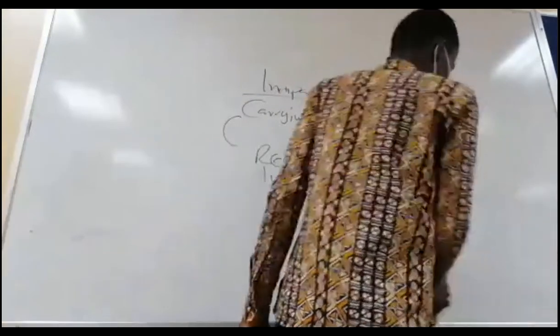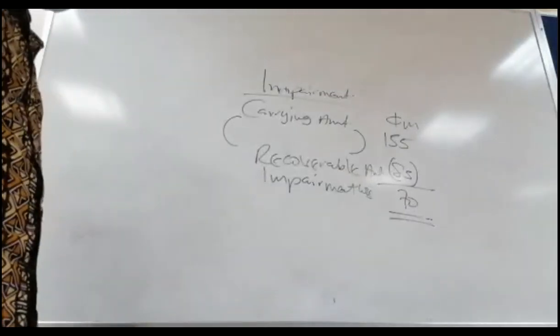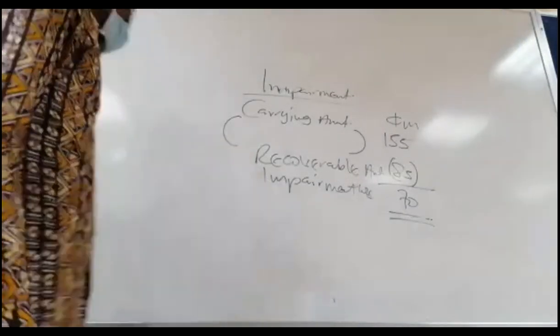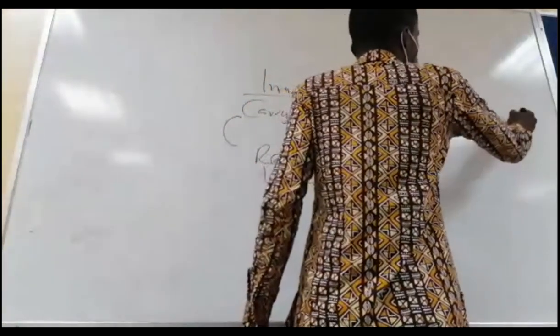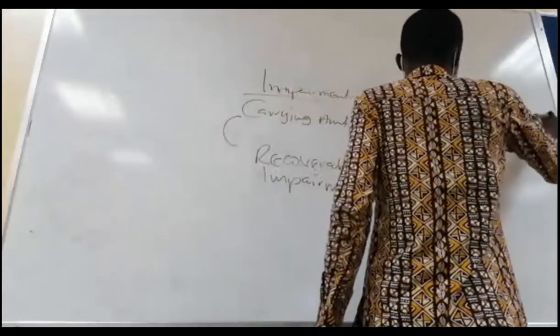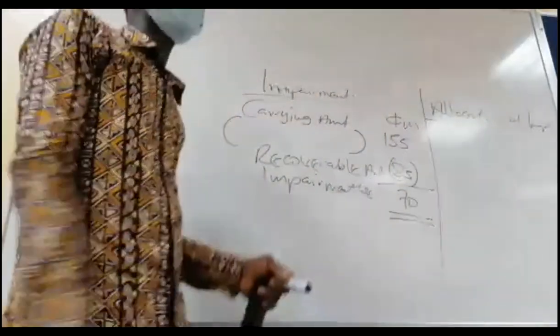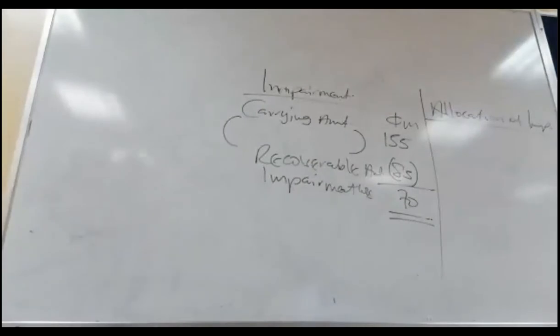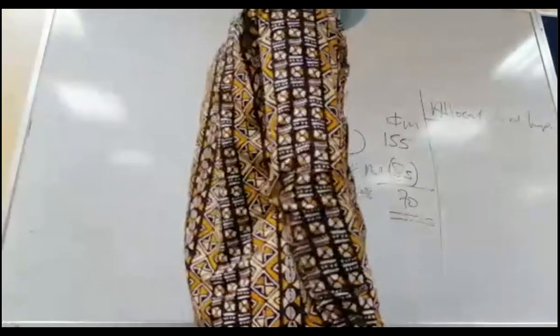Okay, so let's see. We have steps that we will do, and then we have a table that we will prepare to do the allocation. So let me do it here. Allocation of the impairment loss. Now that we know that the entire group's value has gone down by 70, how do we calculate it in the books?